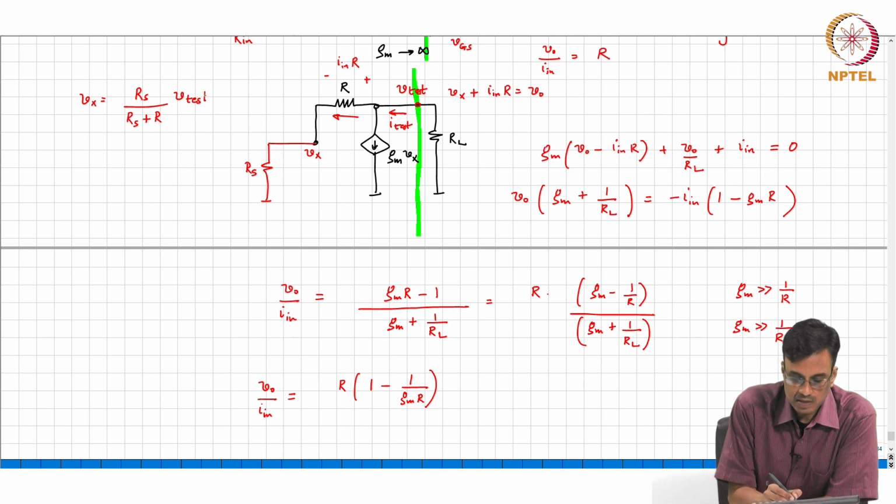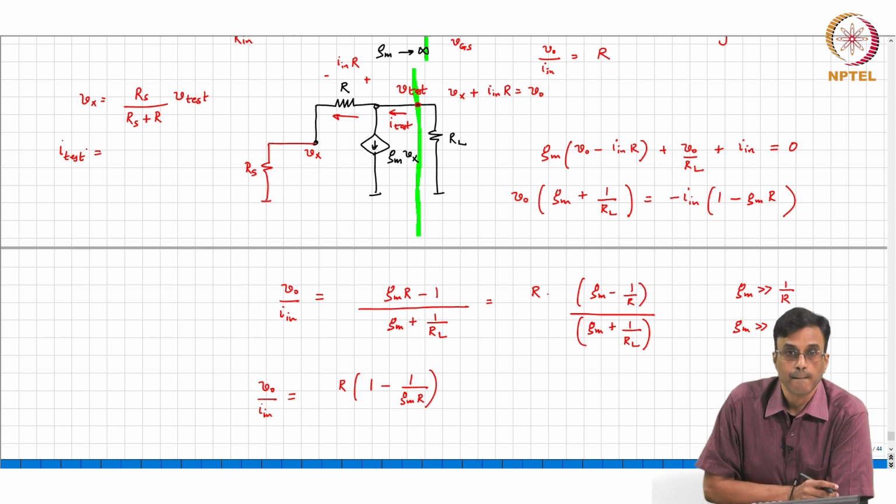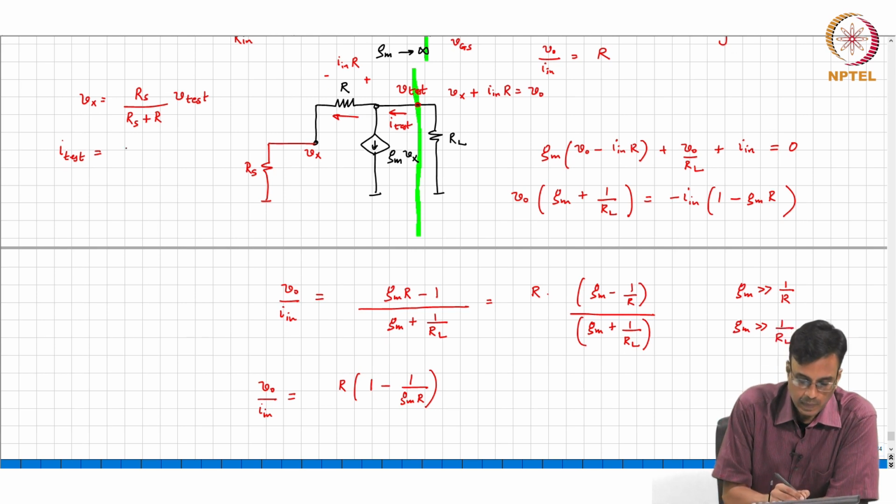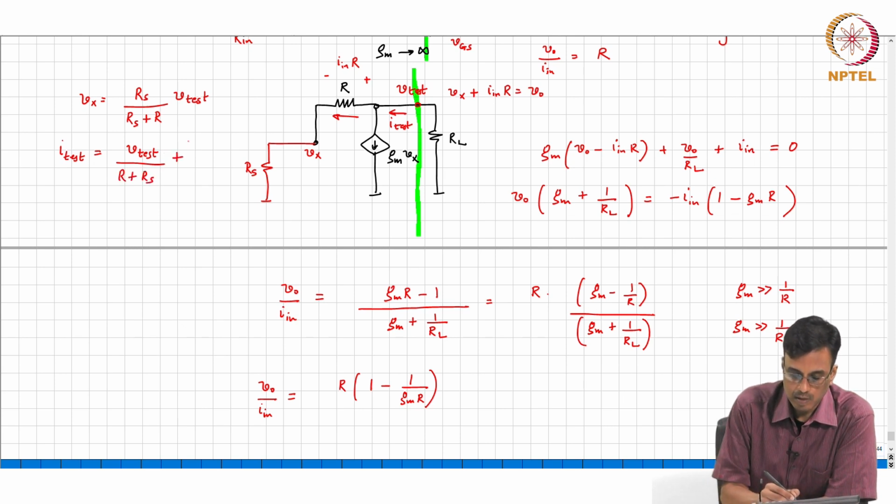Okay. So, what is I test? V test, very good, V test by R plus Rs into Vx, which is Rs by Rs plus R times V test.